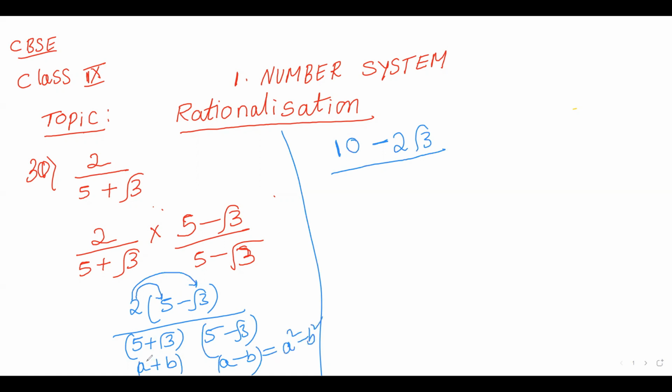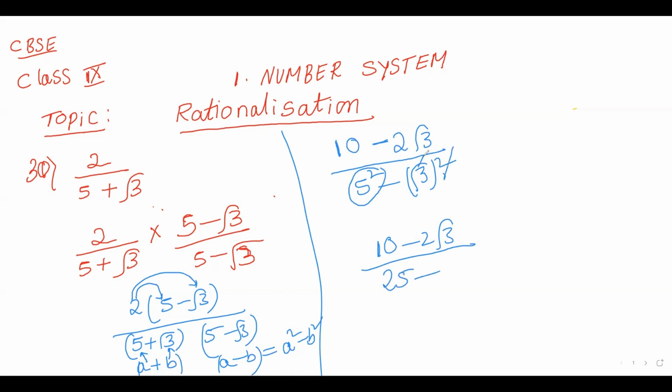What is a value? A value is 5, a square. B value is root 3, minus b square. Is that okay? So 10 minus 2 root 3. 5 square, 5 5s are 25.